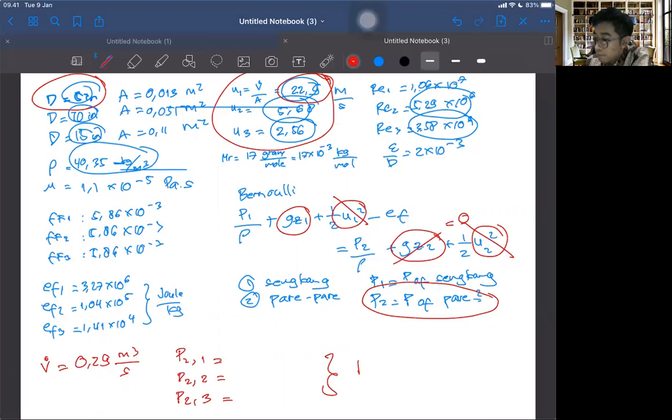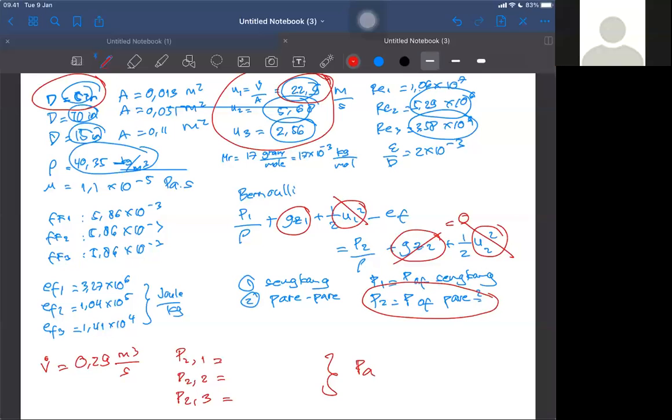All in Pascal. Sir, do you want G in 9.8 or 10, sir? G 9.8. Okay, sir.